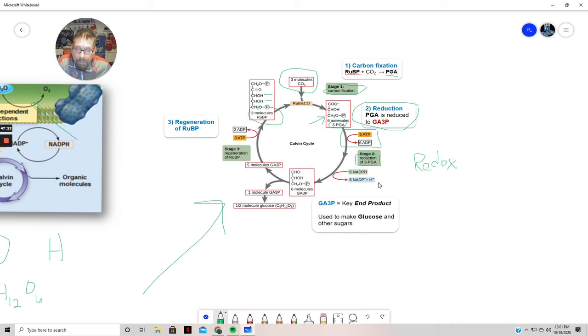Then the same thing here. So it's happening here, and it's happening here. The NADPHs are losing the electrons, the H's, and the molecule is collecting them. So the molecule gets reduced, the electron carriers are getting oxidized.